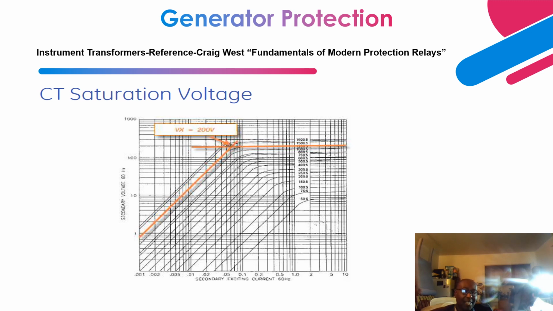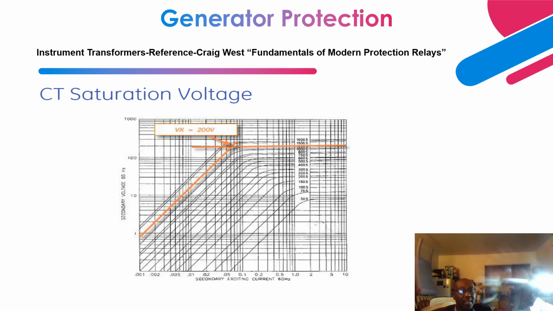So you compare the value you are getting here with the accuracy class of the CT that you have selected, let's say a C400 or C200 CT. In this instance, we are comparing it with a C200 CT. So for a 10C200, it means that 10% of excitation current should be somewhere here. Then I draw a line, and the voltage that I get here should be less than 200 volts.